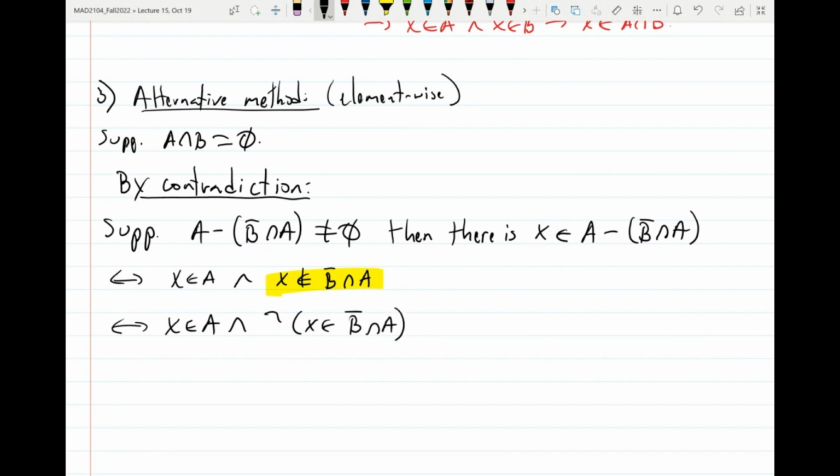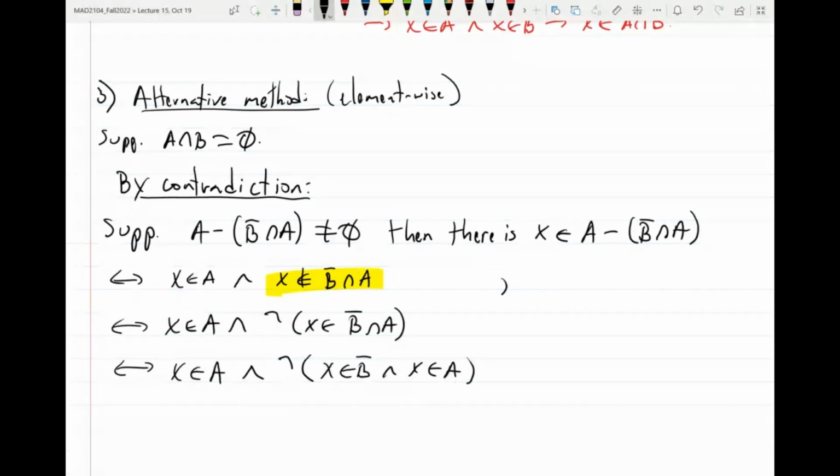Just rewriting what that means. If X is not an element here, that means the negation of X is an element. Why did I do this? Because now we can use the definition of intersection, right? Remember, I don't want to see any logical symbol, any set theoretic symbol. So that will be the negation of X is in B complement and X is in A.